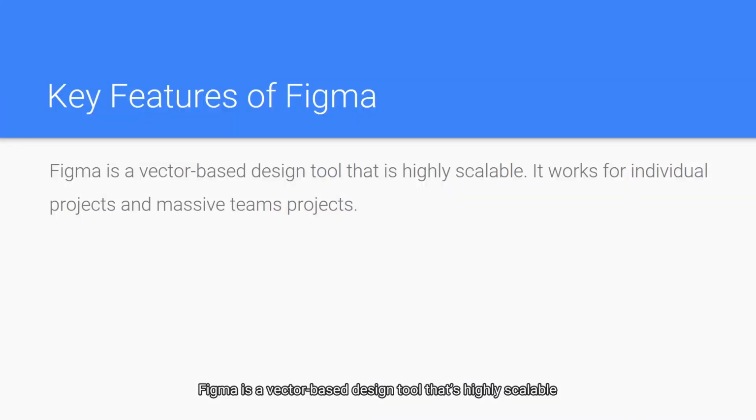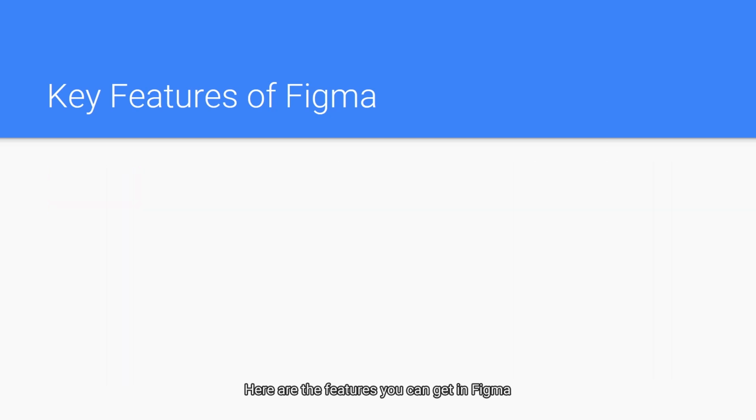Figma is a vector-based design tool that is highly scalable. It works for individual projects as well as massive team projects. The browser-based design is smart enough to save your work as you go and even keep up if you momentarily lose an internet connection. Here are the features you can get in Figma.